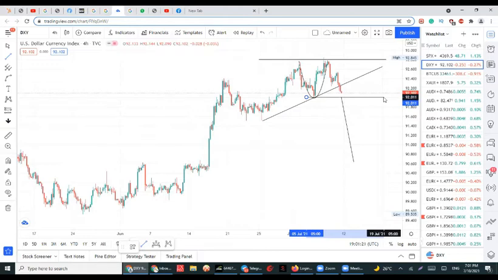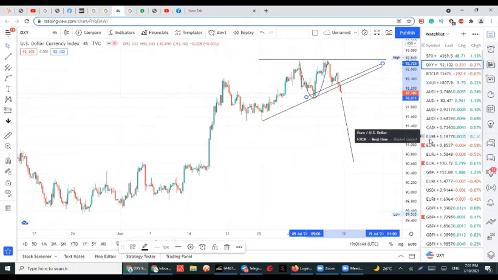We have seen a rising wedge and also a double top pattern playing out nicely. If price touches that zone and breaks the 92.0 zone, we probably push price down to this particular zone.